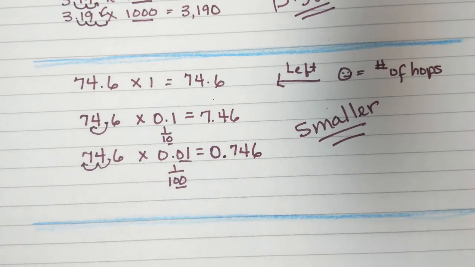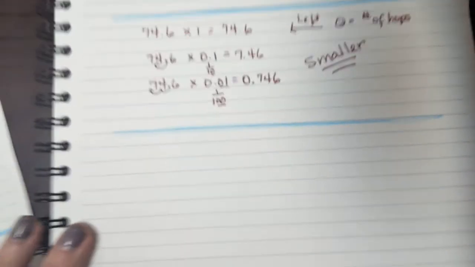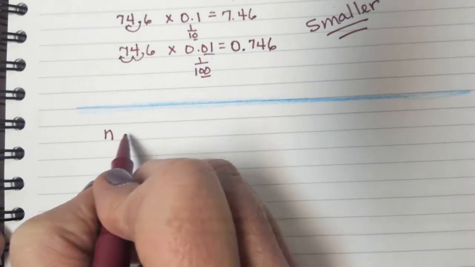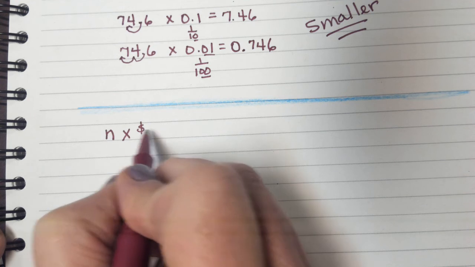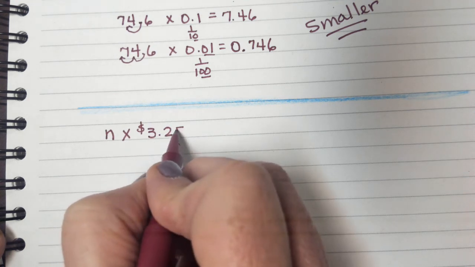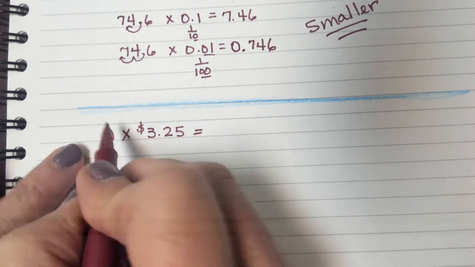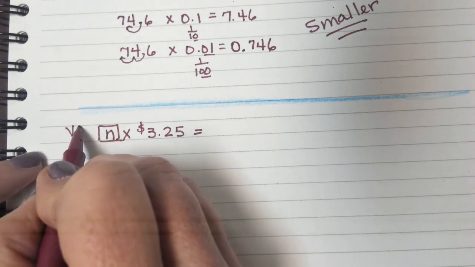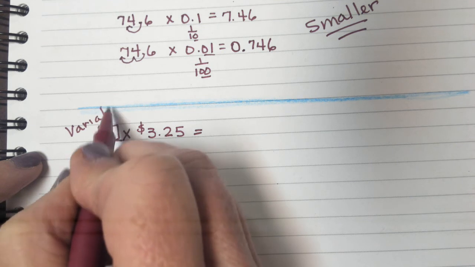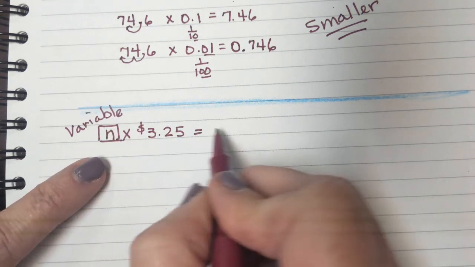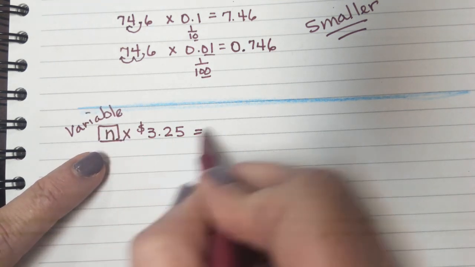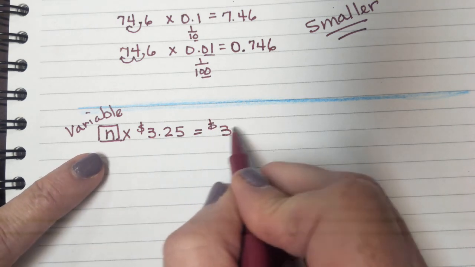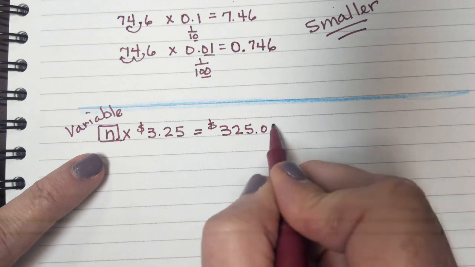Now let's look at when they give us missing numbers. So here we go with that. I have N times, let's do it with money, $3.25. But when something happened, and we call this a variable, an algebraic term, a missing number, something happened, I multiplied 3.25 by some number and it gave me an answer of $325.